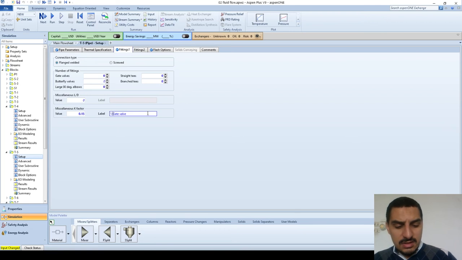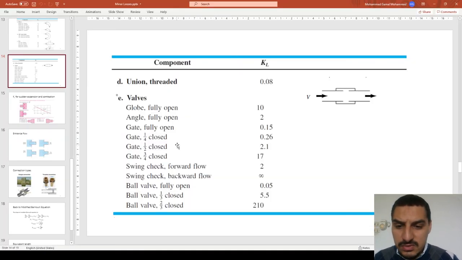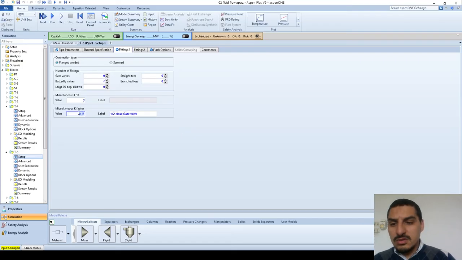Let's make it half closed. I'm just going to keep it half closed, and the half closed is 2.1. So I'm going to put this as 2.1, and I'm running the simulation now and getting the results.